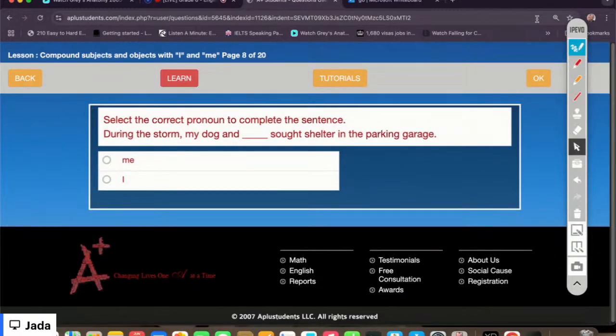During the storm, my dog and Dash sought shelter in the parking garage. Me or I?